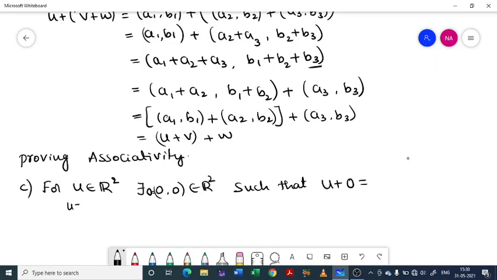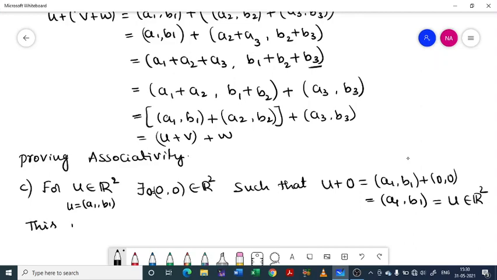That is, u means a1 b1, a1 b1 plus 0 0, that is a1 plus 0, b1 plus 0, that is a1 b1 equal to u again. This proves existence of identity element.